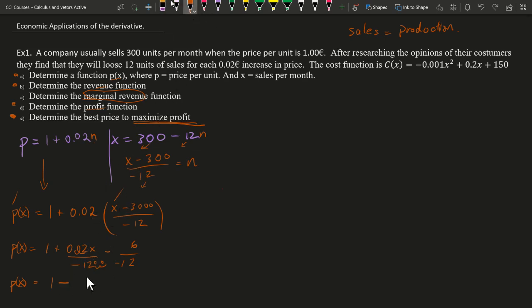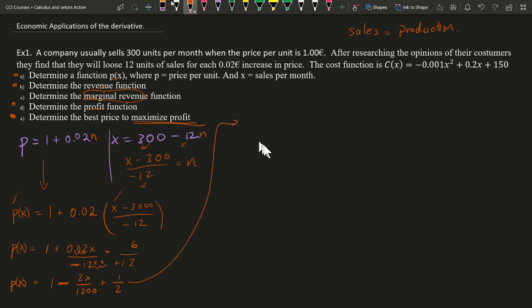So it's going to be a minus 2x over 1200 minus a half. The 6 over 12 is a half. Okay? Oh, it's actually plus a half because these two cancel. Don't forget that this minus here went to here. These two minuses. The one in front of the 1200.